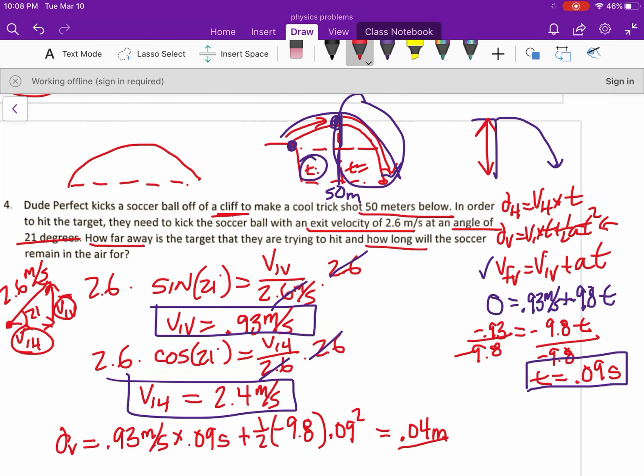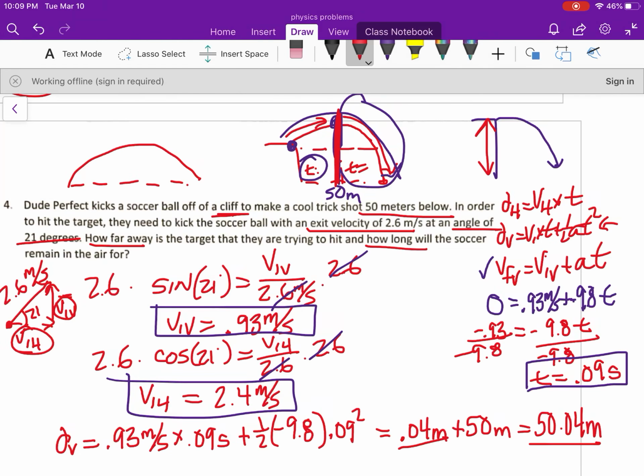So it will go an additional 0.04 meters plus the 50 meters of height of the cliff. So the total vertical distance to the peak is going to be 50.04 meters.